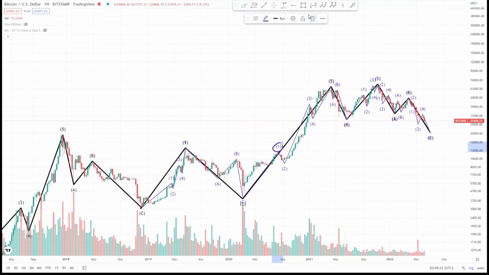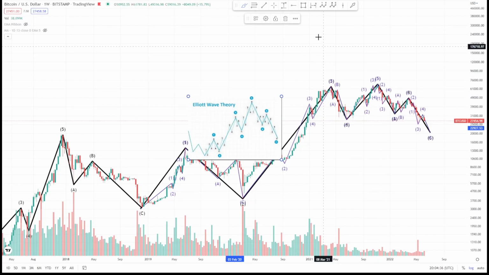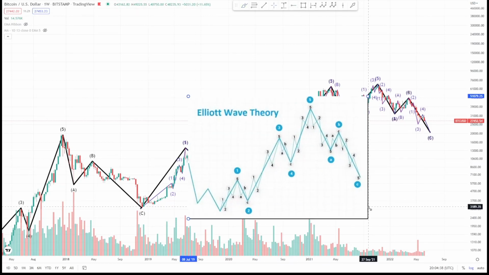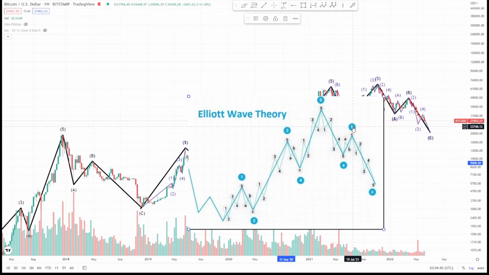This was a micro impulse. This was your one impulse. After you had the bottom in 2018, you had your 2, 3 impulse, correctory wave, 5 impulse. So these were your 5 impulses, and as we previously stated, when you're done with your 5 impulses, it is time to have that macro A, B, C correction.